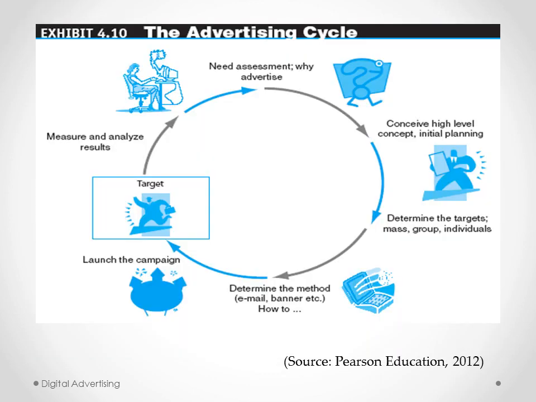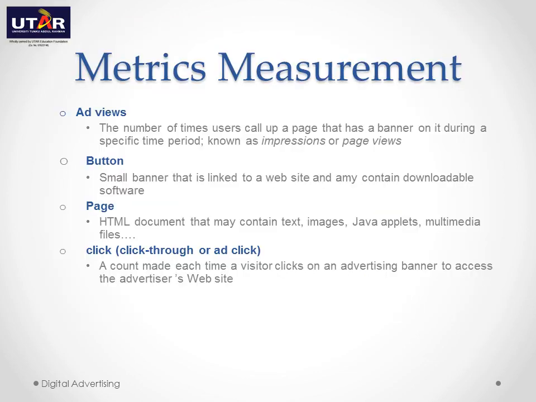Going ahead with the advertising cycle. Okay, so basic metrics measurement. So in order to know whether what is being advertised is getting through, you need to measure whether consumers are really keen on getting the product.